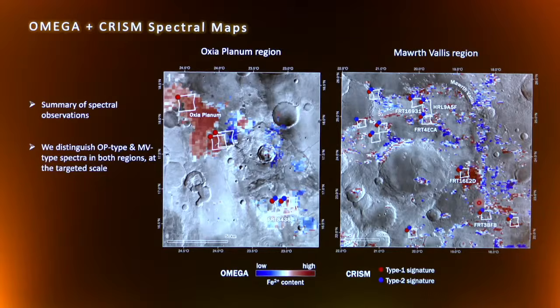I know crater walls can be hard to interpret. Maybe there is some inverse stratigraphy with the impact, but it could be that indeed we ejected many clays from this OP-type basal unit, which is present in Mawrth Vallis.